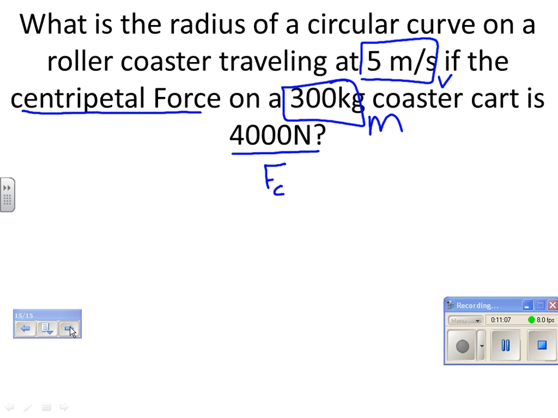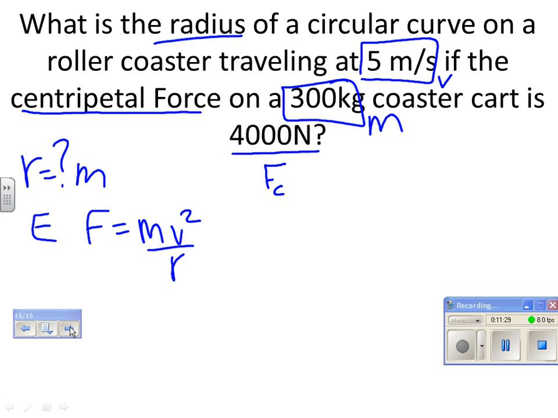All right. Then our unknown we're looking for is going to be the radius in meters. As far as our equation goes, we'd use F equals m times a, but we know centripetal acceleration is v squared over r, so we'll just add that in there.